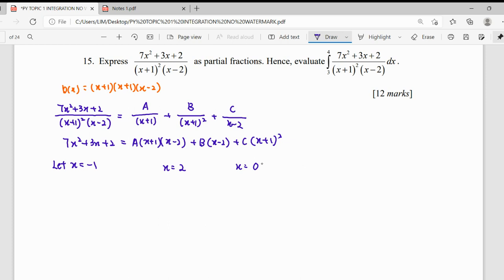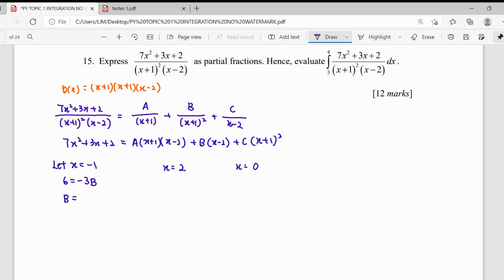After we let our x values, we are going to substitute. Substitute x equals negative 1. It gives us 6. Then when we put it here, negative 1, 0, so this is negative 3B, and here is 0.